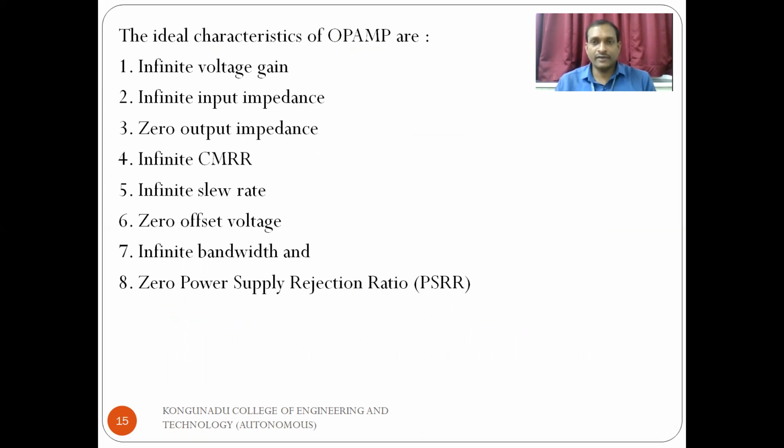It has infinite voltage gain, infinite input impedance, 0 output impedance, infinite CMRR (common mode rejection ratio), infinite slew rate, 0 offset voltage, infinite bandwidth, and 0 power supply rejection ratio. These are the ideal characteristics of the operational amplifier.